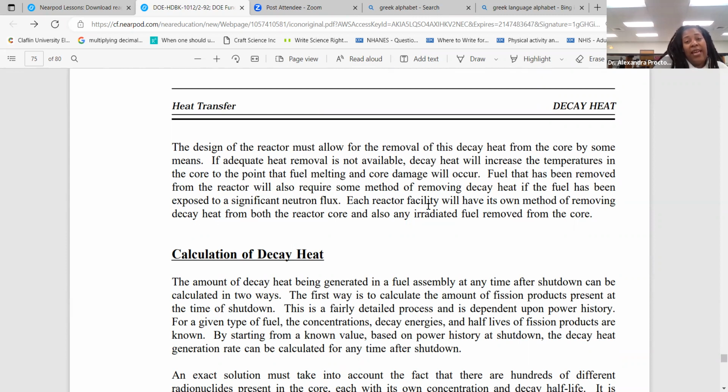And fuel that has been removed from the reactor core will also require some method of removing decay heat if the fuel has been exposed to a significant neutron flux. So each reactor facility will have its own method of removing decay heat from both the reactor core and any irradiated fuel removed from the core.